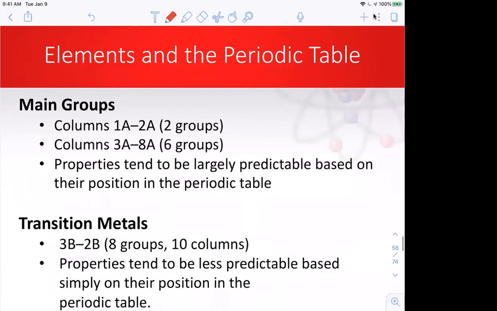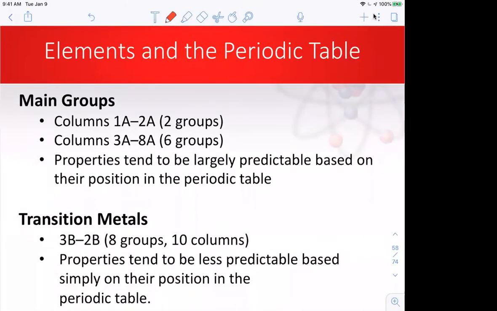Okay, I have another distinguishing feature on the periodic table. I have main group elements, which are also called representative elements. Those are columns 1A to 2A, and then columns 3A to 8A.